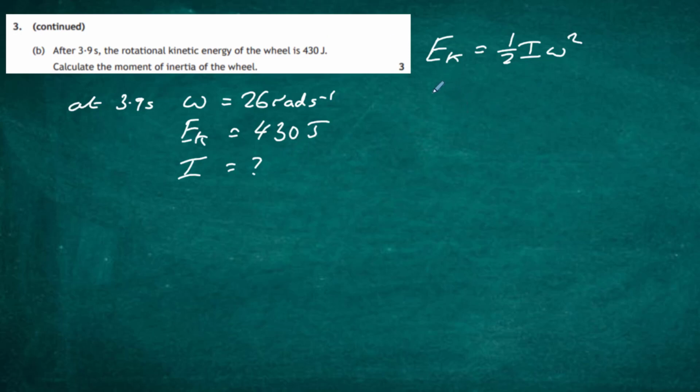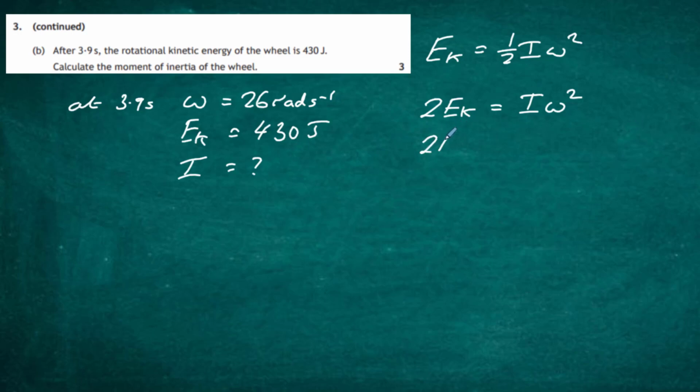So a couple of algebraic moves, we multiply both sides by 2 to get double EK. 2EK equals I times omega squared. We want to find I on its own, the moment of inertia, so we have to divide both sides by omega squared.